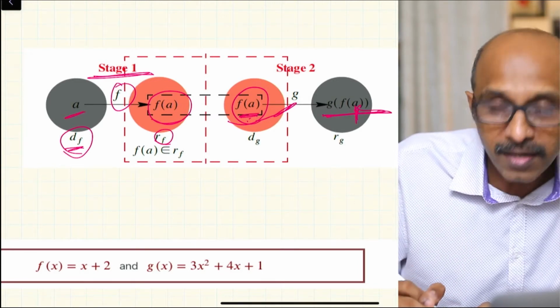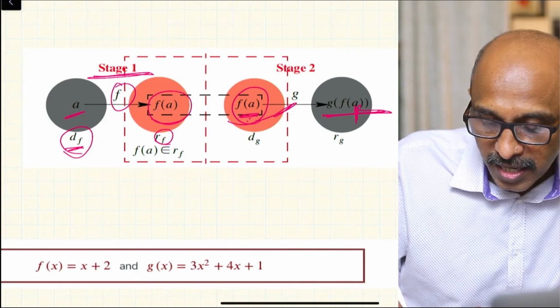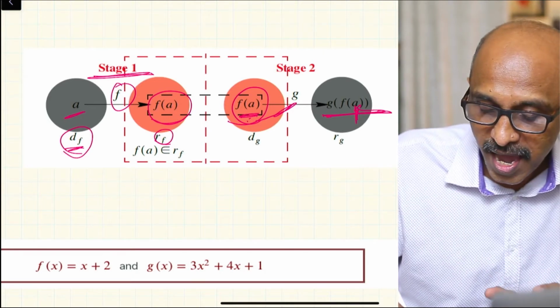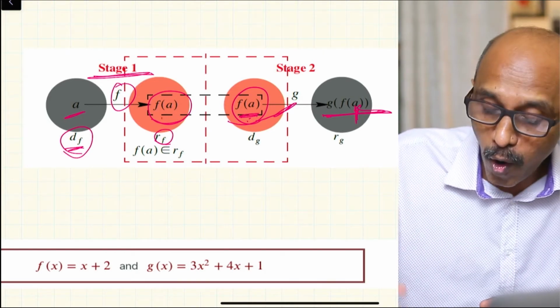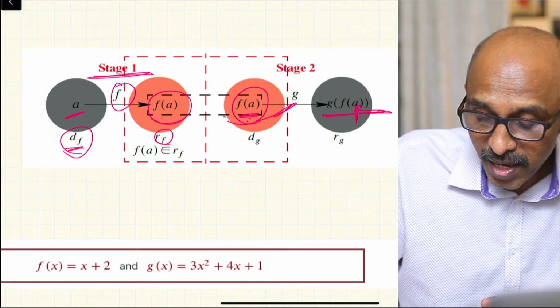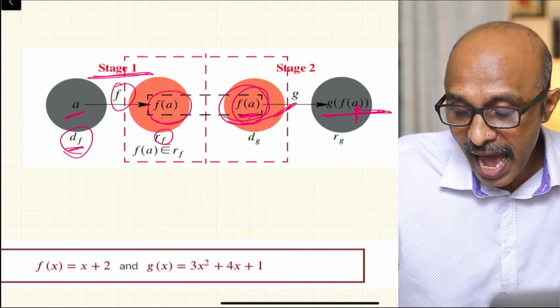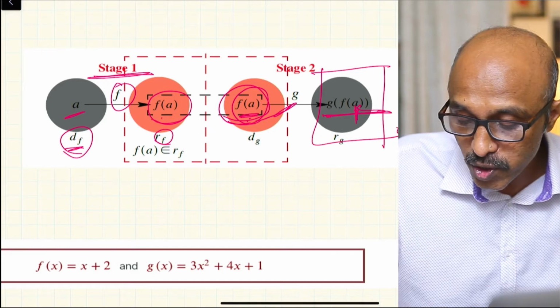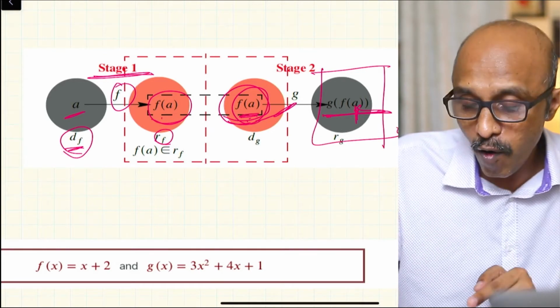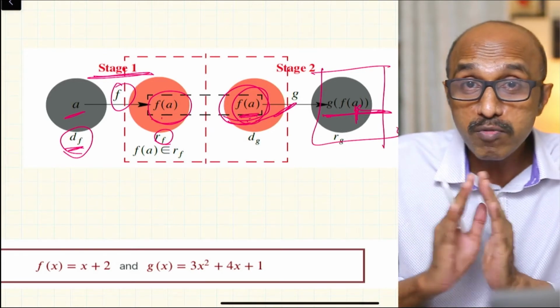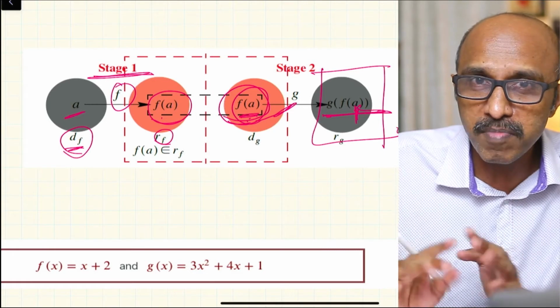The input here was a. So a is the input of f. A becomes f of a, the output of f. F of a becomes the input of g, and the final result of the composition is g of f of a. Now that might seem too much, so let's take an example to make it simple.